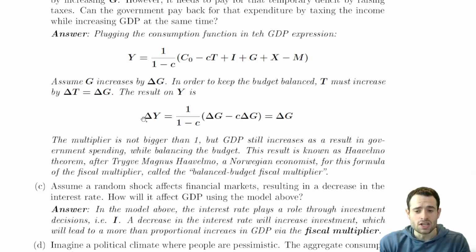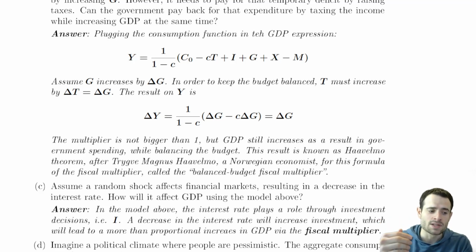And here, GDP is only increasing because the government is spending more money at the end of the day. So that's not particularly interesting for firms if they are thinking about an increase in future demand, which means hiring more. Hiring more means more income. More income means more consumption.